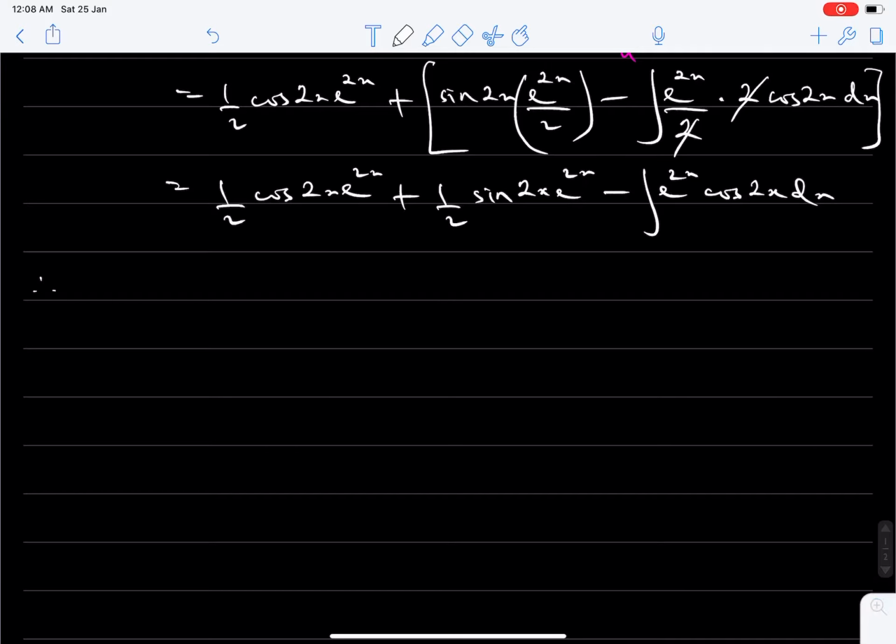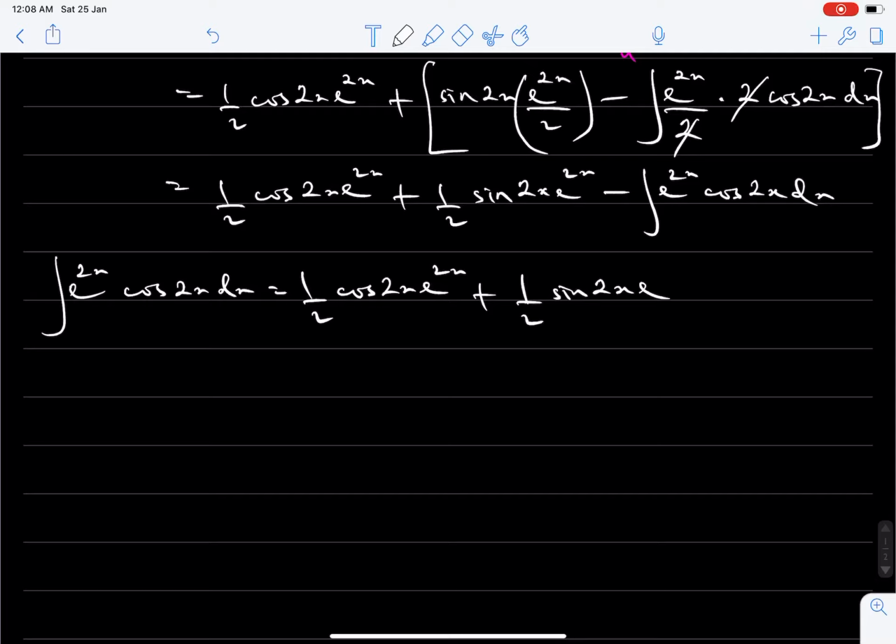And that means the integral of e raised to the power 2x cos 2x dx is equal to 1 over 2 cos 2x e raised to the power 2x plus 1 over 2 sine 2x e raised to the power 2x minus the integral of e raised to the power 2x cos 2x dx.